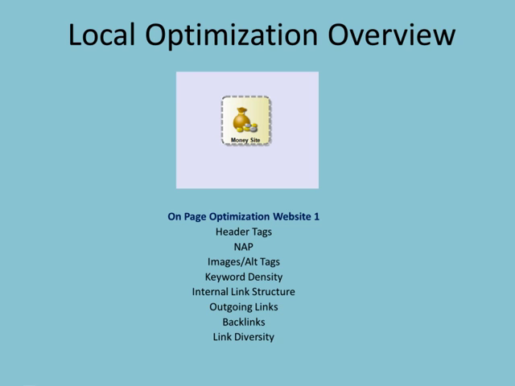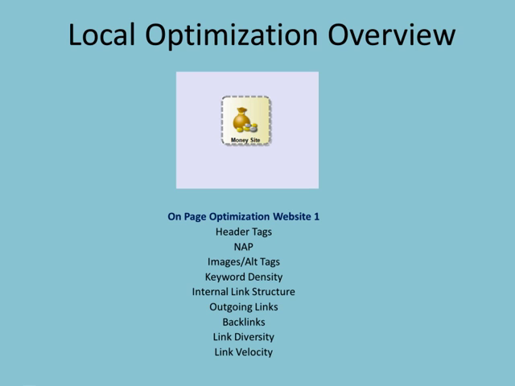There needs to be a diversity of the links coming to your website from other websites, and that means that the links need to be coming from many different types of websites, not all from one. And a lot of people get caught in that trap. They'll go and they'll purchase links, and Google sees right through that. So we need to be very careful how we get the links, where we get the links from, and then how fast those links come in, link velocity.